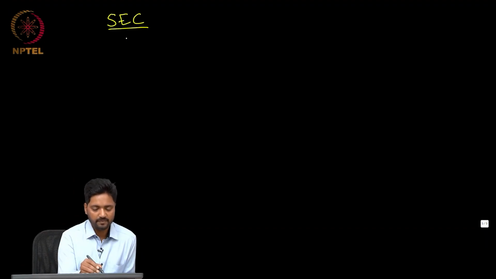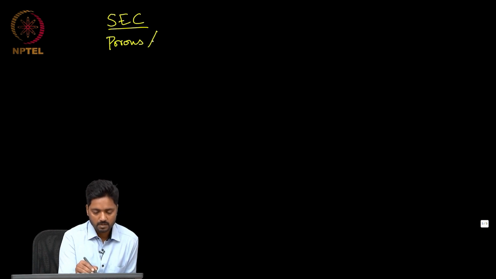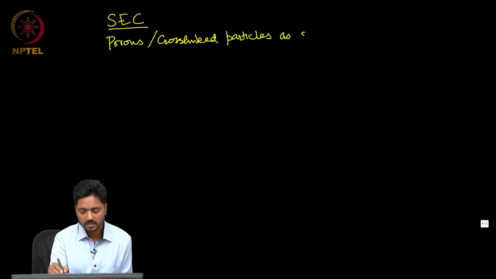So, in size exclusion chromatography, we have porous cross-linked particles as stationary phase.